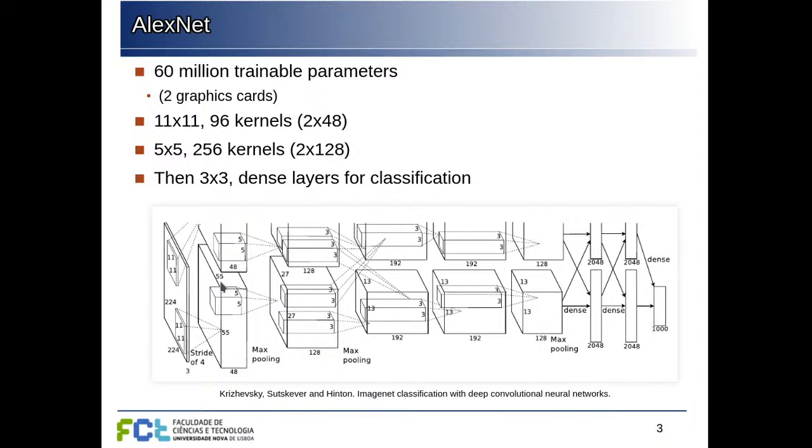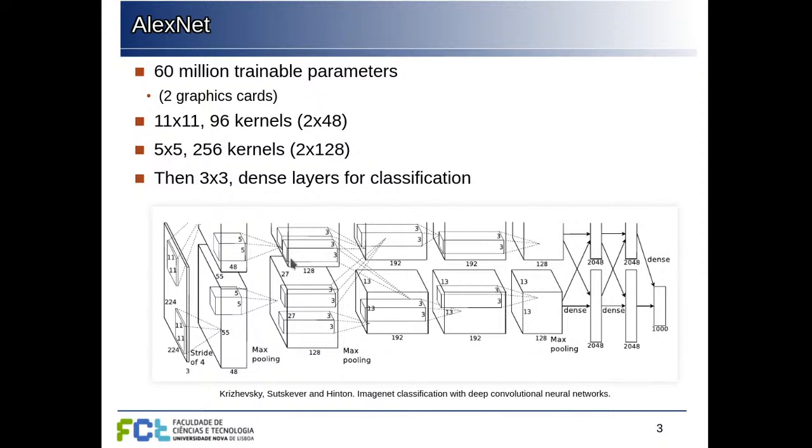And for example, in the first layer here with 96 kernels, they had to split 48 for each graphics card. And they had to keep doing that, so splitting into the two streams with different channels and then gathering everything together at the end on the final layer.